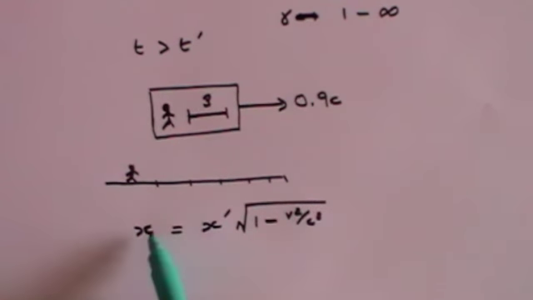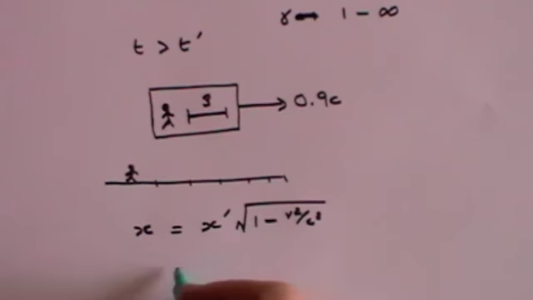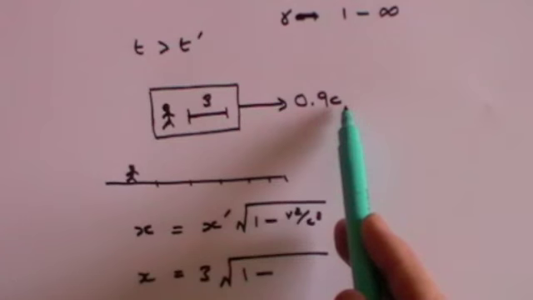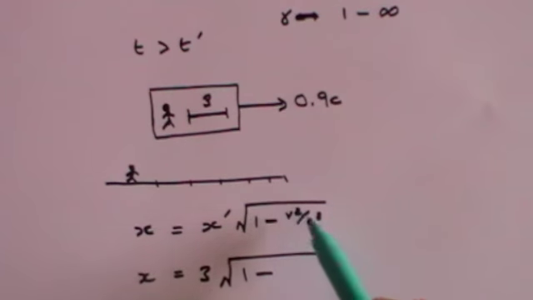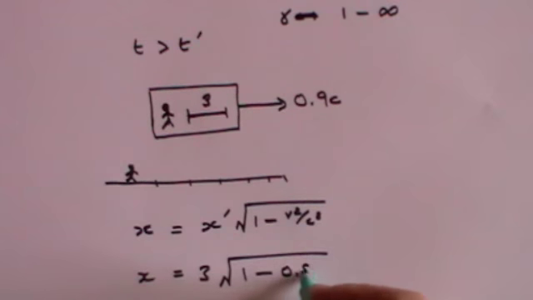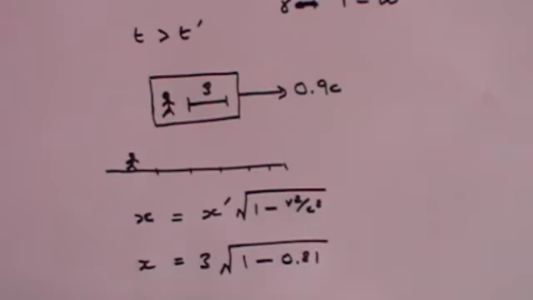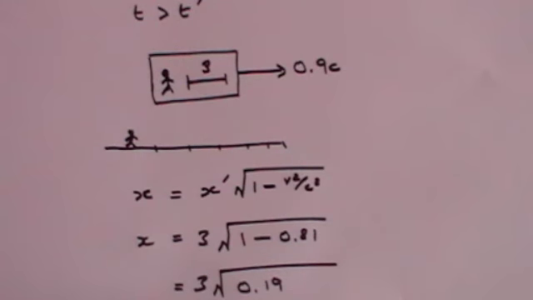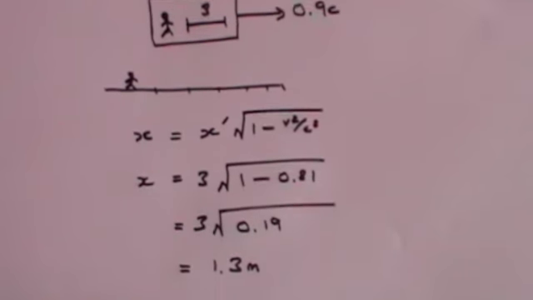x prime is Alice's measurement, x is Bob's measurement. Alice measured 3, so x is equal to 3 times the square root of 1 minus, well, v is 0.9 times c, so we've effectively got minus 0.9 squared here, which is minus 0.81. And that is 3 times the square root of 0.19, and that is very roughly equal to 1.3 meters.